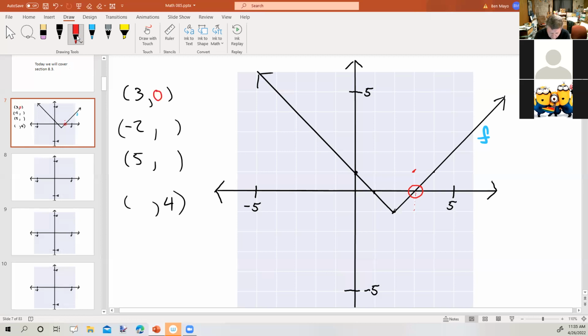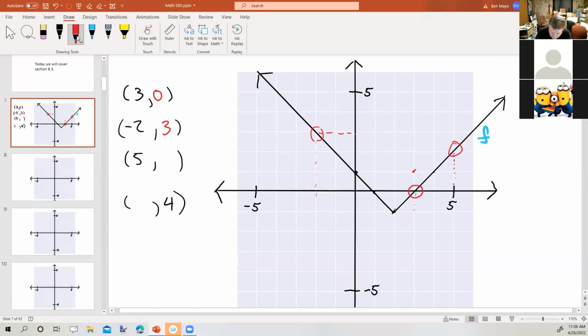Now, what about if the x value is negative 2? What's the corresponding y value? 3. Good. What if the x value is 5?